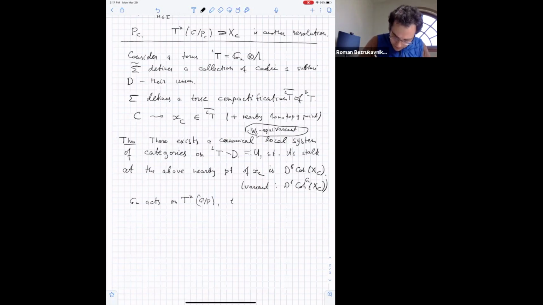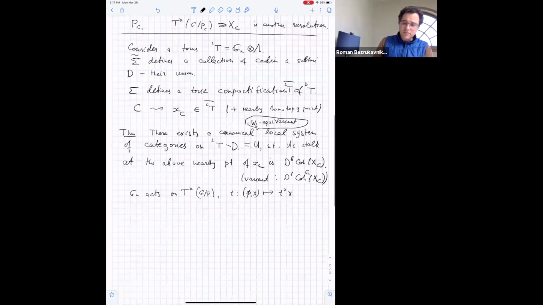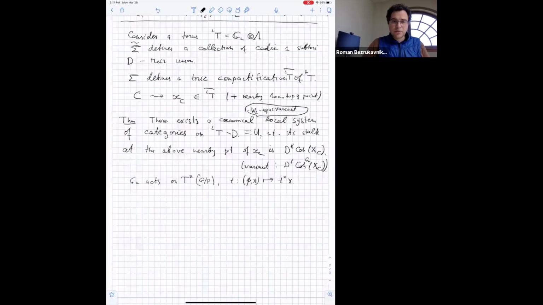So for technical reasons, I would want it to dilate X by the square of the tautological character. And then using the Jacobson-Morozov theorem, choosing GM equivariant slices, we can also extend this definition to this more general setting.